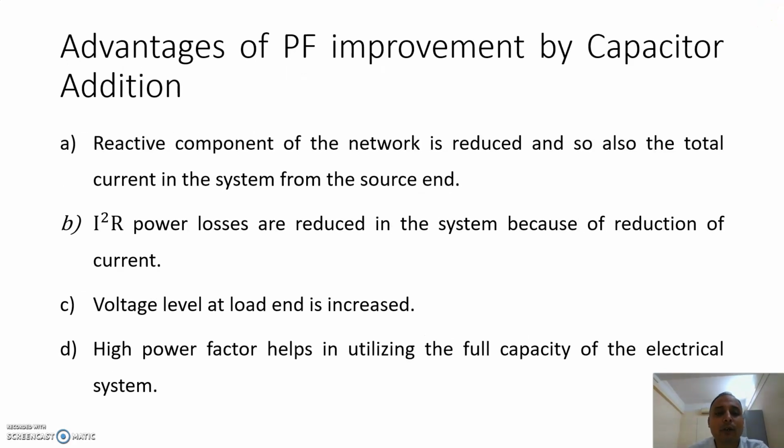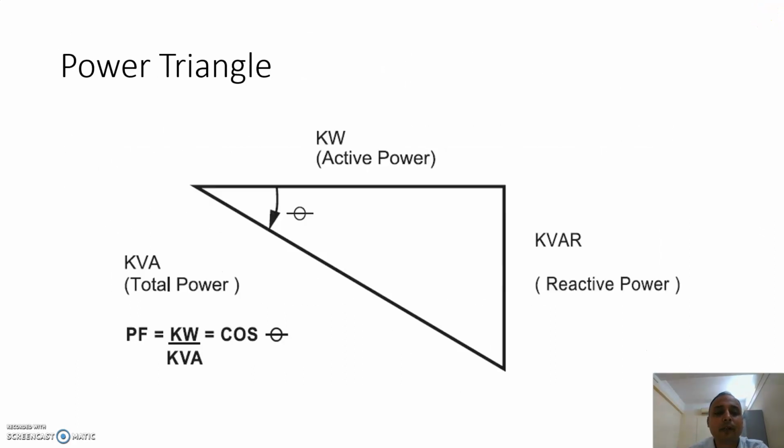If we go back to the power triangle, it looks like this. If kVAR is reduced from this length to a smaller length, then the total kVA, which is this hypotenuse of the triangle, also gets reduced.